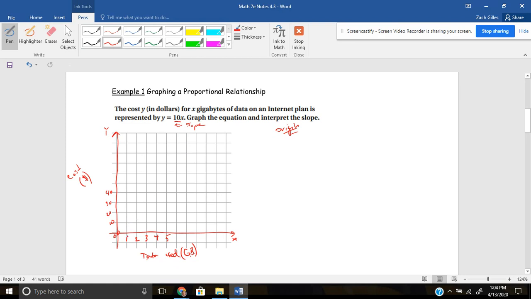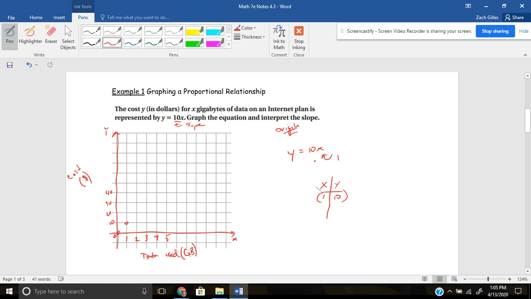How about if I use 1 gigabyte? If I were to enter in 1 for my x, what would my y be? Well, 10 times 1 is 10. So when x is 1, y is 10. So I will enter in this coordinate point, 1, 10. Should be right here. Okay.